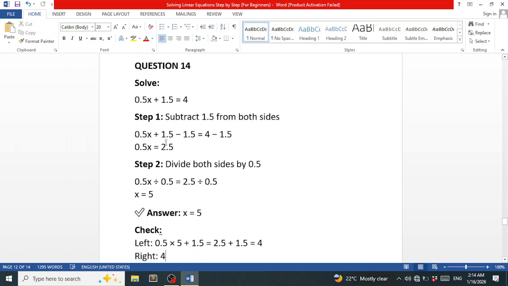Then right from here, what I'm going to do as step 2 is to divide both sides by 0.5, because you want the value of x. So 0.5x divided by 0.5 equals 2.5 divided by 0.5. If you do this on your calculator, you're going to have the value of x as 5.